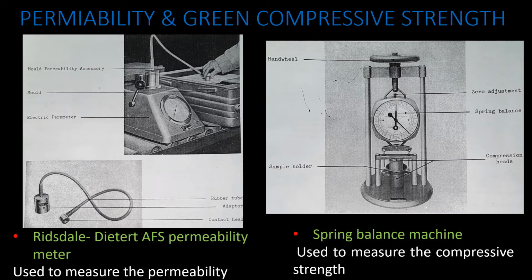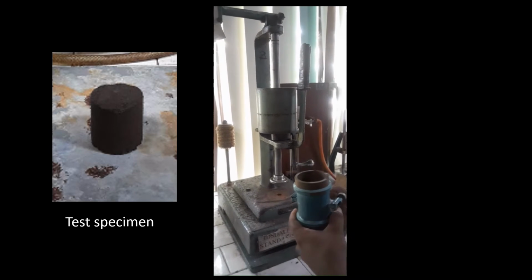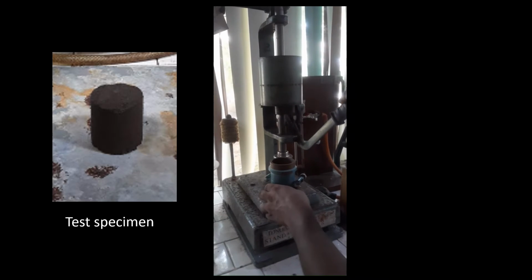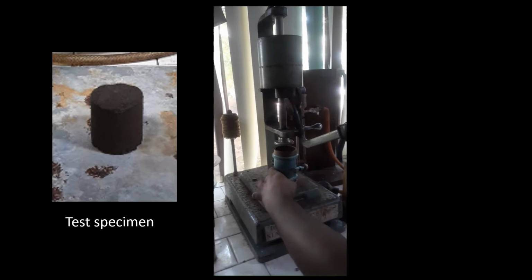This permeability meter is used to measure the permeability and spring balance machine is used to measure the compressive strength. The specimen tube with 165 grams of sand is placed on the stage of the AFS rammer. Then ram 3 times.